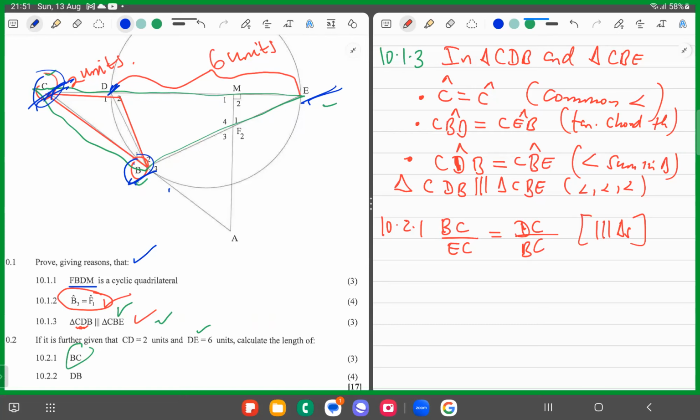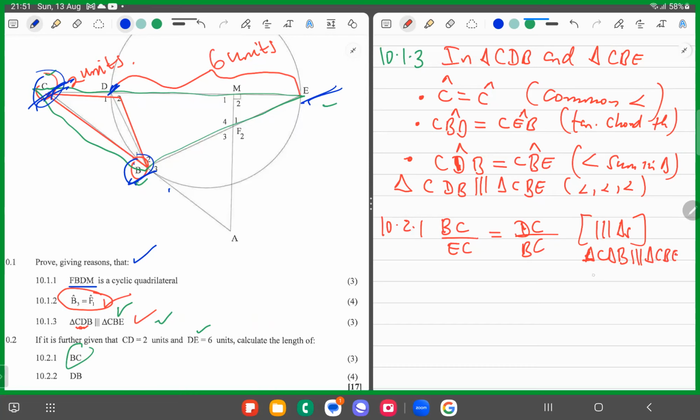So you have BC over EC. This is true because of the similar triangles. Because now if you have the triangle CDB, this is similar to triangle CBE.